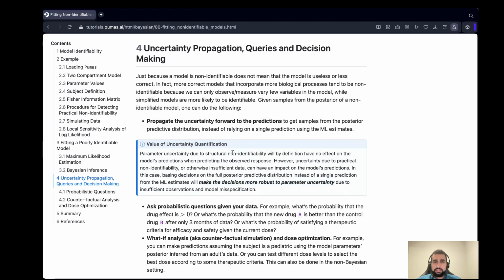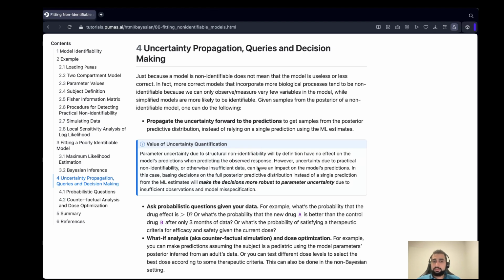In general, it's hard to actually know which of those two cases you're in. Is it the structural non-identifiability case, or is it the insufficient data case? Often it's a mix of both. So even though conceptually it's good to keep in mind the difference between them, in practice it's really hard to tell what the source of your uncertainty is.